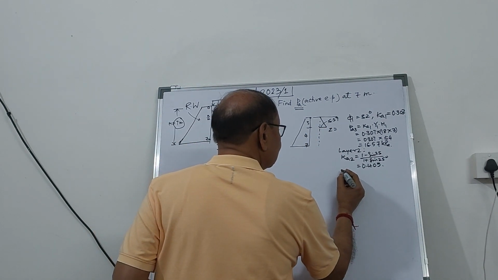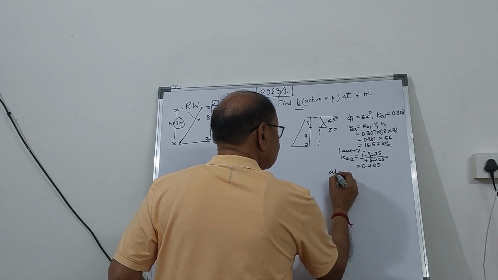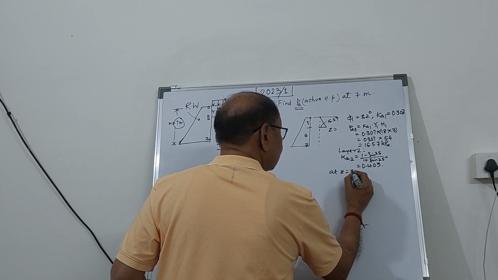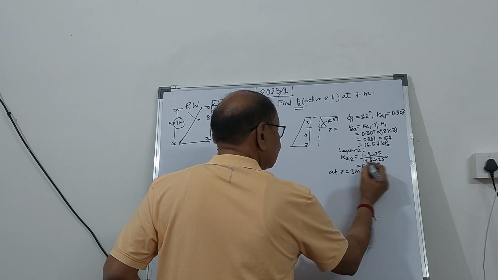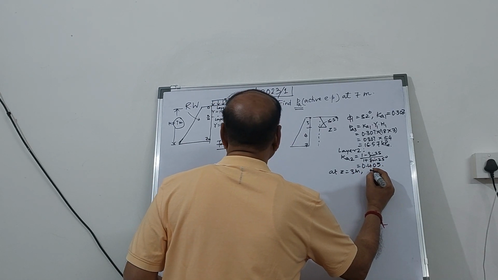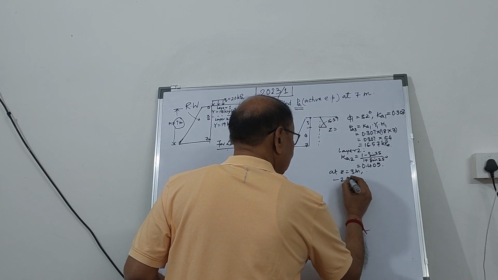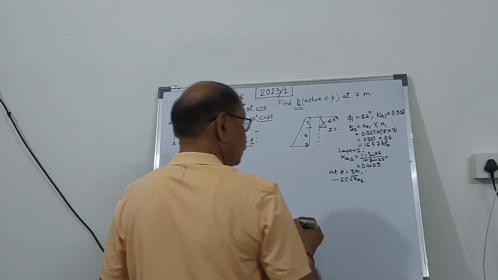C is 20. So at Z equal to 3 meter, due to cohesion, what will be the pressure? The pressure is going to be minus 2c under root K2.